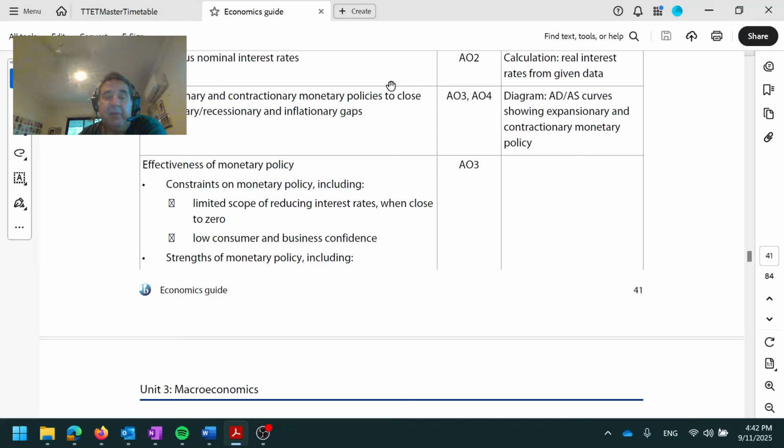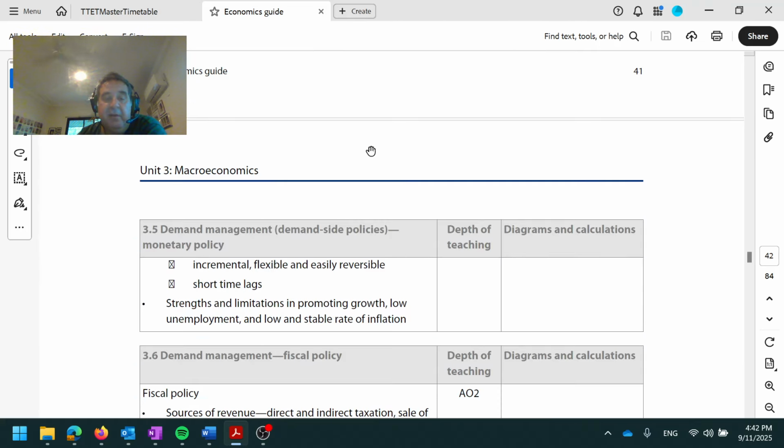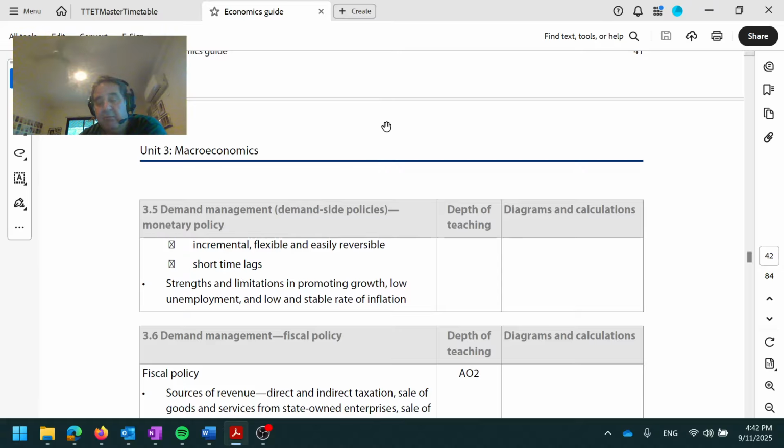The strengths of monetary policy: they're incremental, so you can bring them up slowly, you can bring them down slowly. They're reversible, so if we go up too quickly, we can easily bring them down next month. They have short time lags in the sense that it doesn't take long to make the decision to change the interest rate, but obviously we know there is a lag by the time the interest rate changes and impacts the economy; it can be anything from 6 to 18 months.